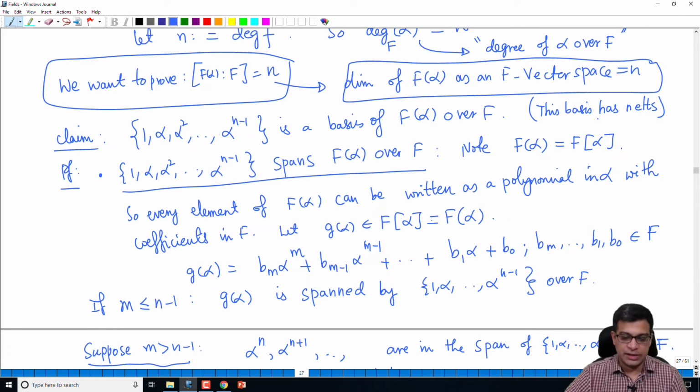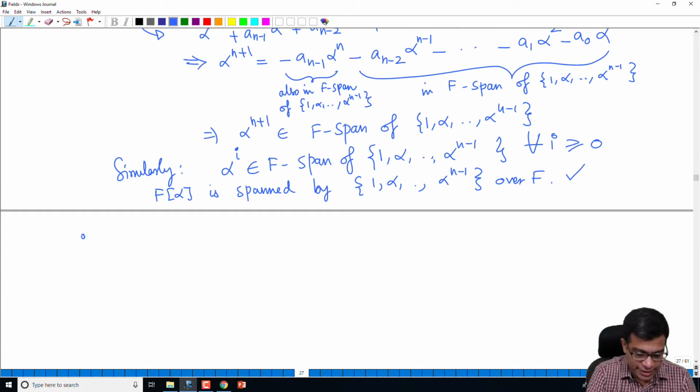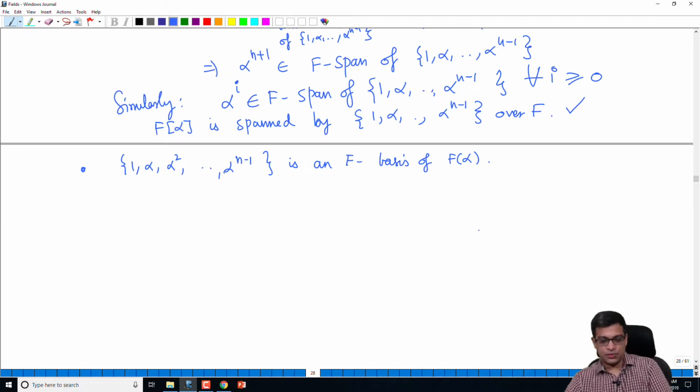We are trying to show that this set is a basis. We just showed that it is a spanning set. What is the second part? We want to show that 1, alpha, alpha squared, up to alpha n minus 1 is an F-basis of F alpha. And this is easy.